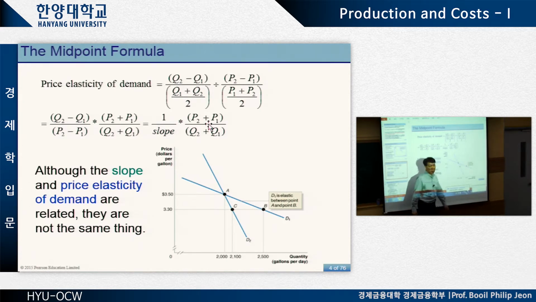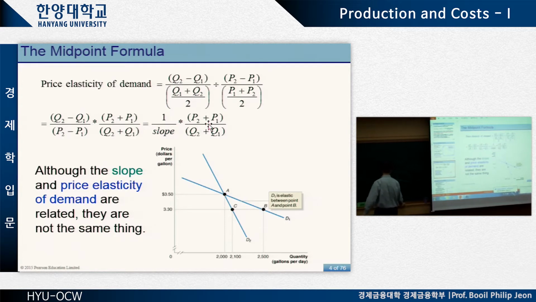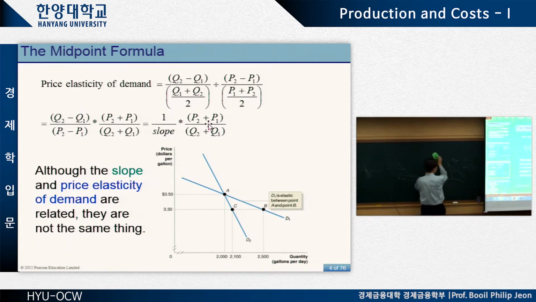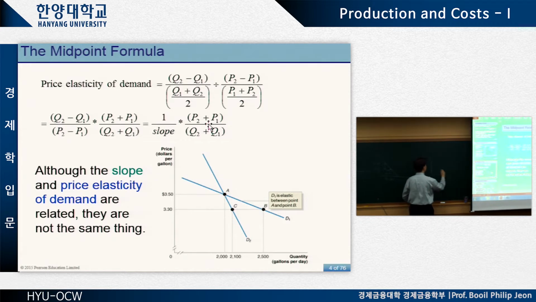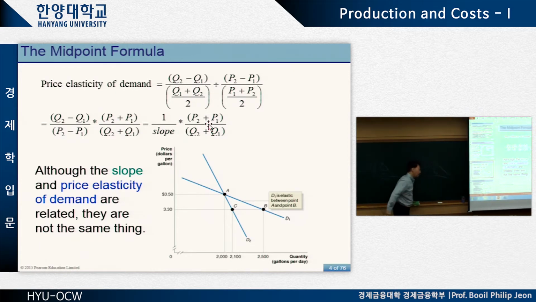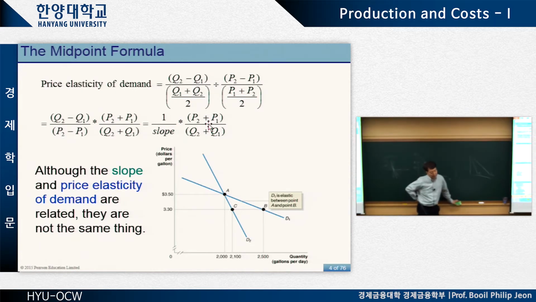Okay, so suppose we have two demand curves like this, D1 and D2. If you ask between D1 and D2, which one has higher elasticity? What do you think the answer is?